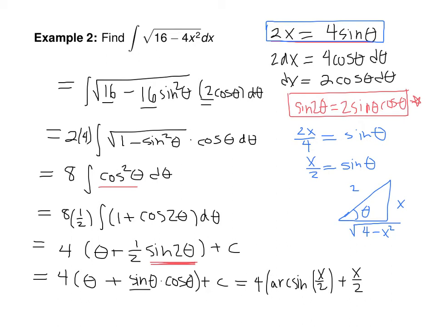Cosine of theta is root 4 minus x squared over 2, and then of course plus c. And it's totally up to you, but you can choose to or not to redistribute that 4. And that would give you 4 arcsine x over 2 plus x root 4 minus x squared plus c.